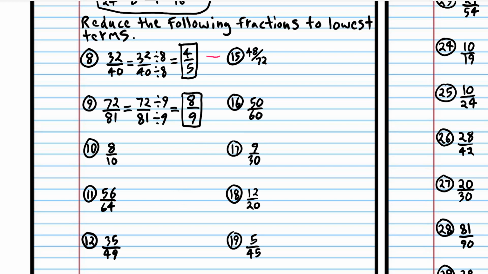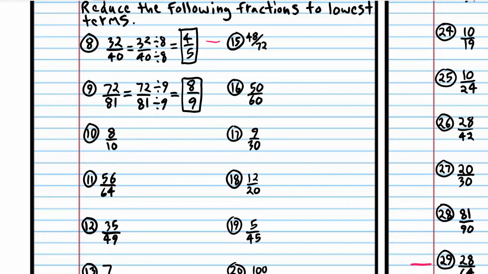Now I just want to demonstrate a principle here. I could have divided both the numerator and the denominator by 3, and that still would have worked. If I divide 72 by 3, then I get 24. And if I divide 81 by 3, I get 27.